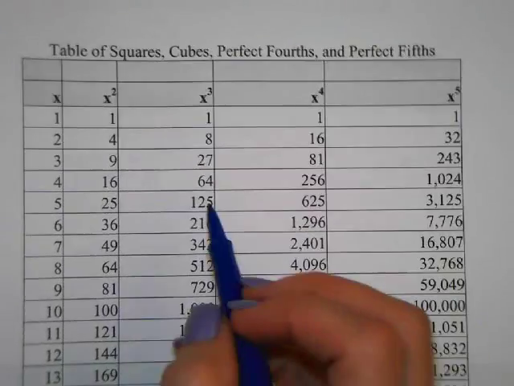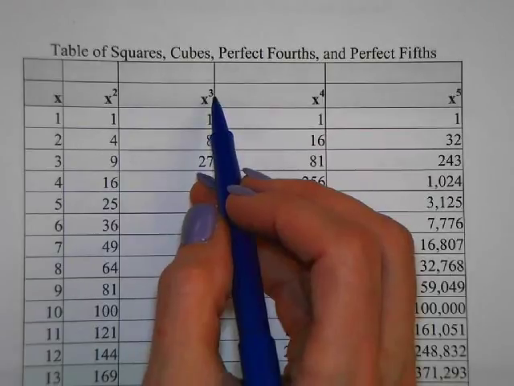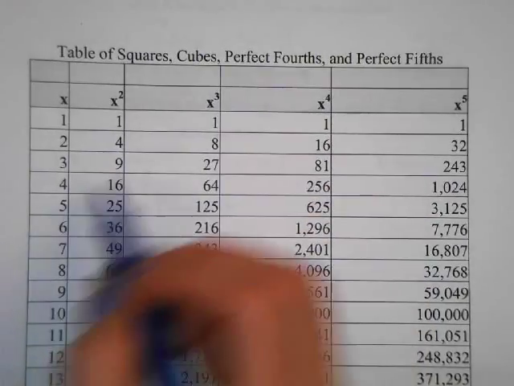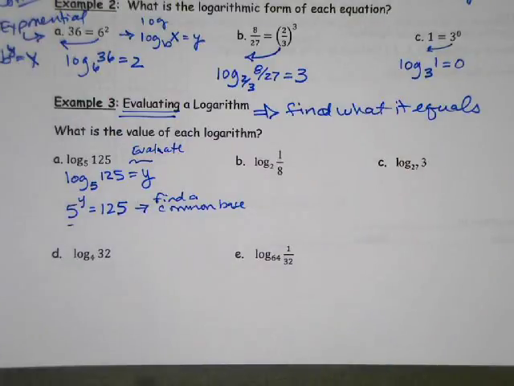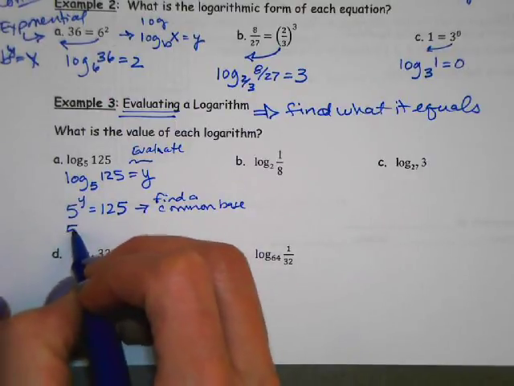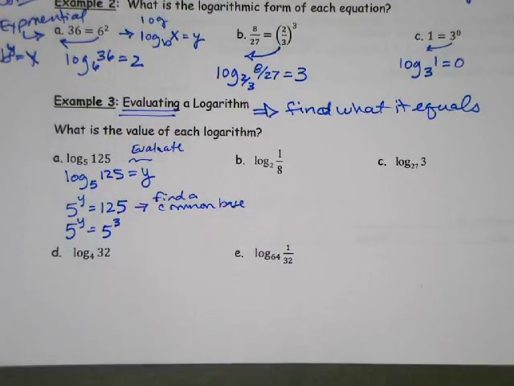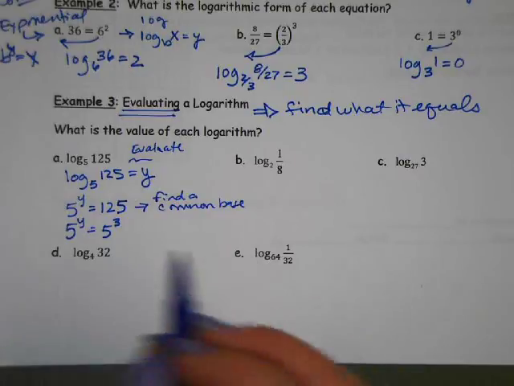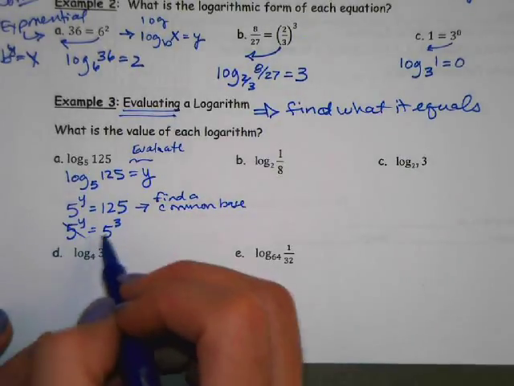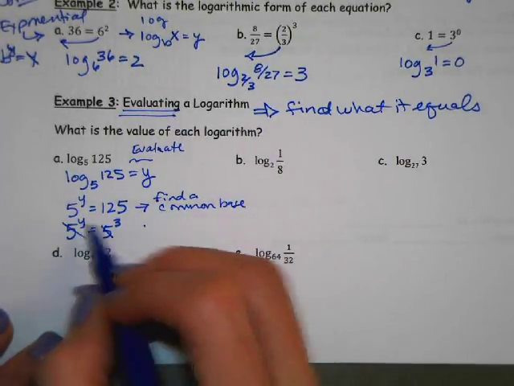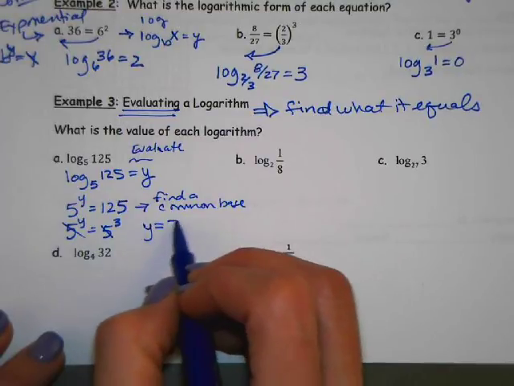Because I have 125 underneath the x cubed, so I can rewrite 5 cubed, okay? So I'm going to say 5^y equals 5 cubed. Right? So everyone see how I did that? So now, because they're the same base, I can drop them, and then I can just put the exponents equal to each other, and it's going to be y equals 3.